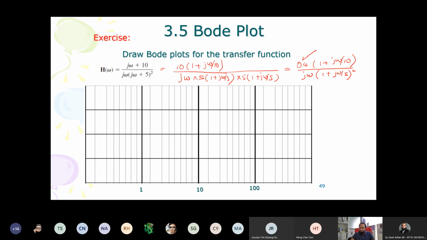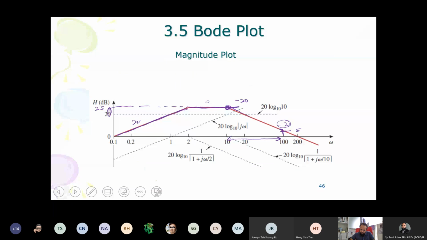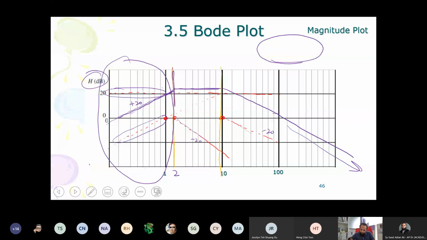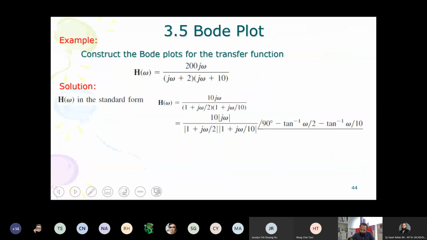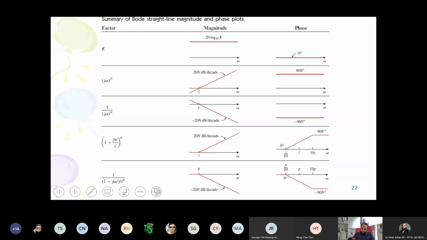So we have a constant term, we have a simple zero, we have a pole at origin, and we have a repeated pole at 5. If it's like a repeated zero at origin, it's like 20 times n.